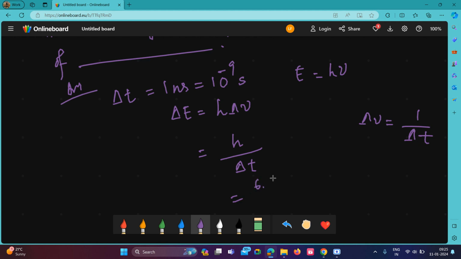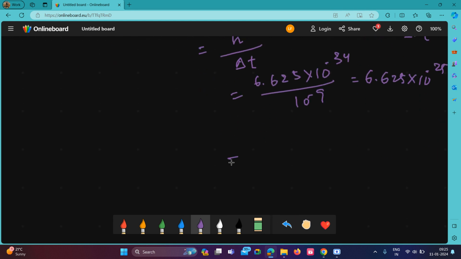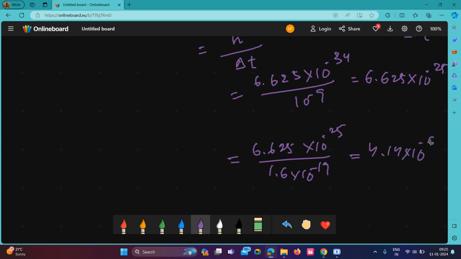Just put the values: 6.625 times 10 to the minus 34 divided by 10 to the minus 9, that is 6.625 times 10 to the power minus 25. But here we have to calculate this in electron volts, so divide by 1.6 times 10 to the minus 19. That gives 4.14 times 10 to the minus 6 electron volt.